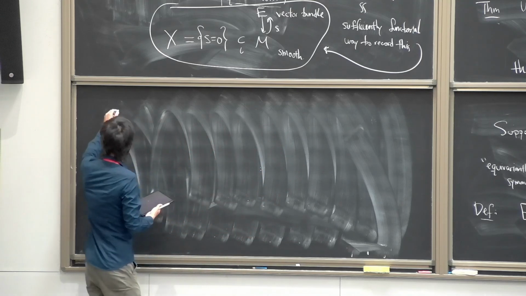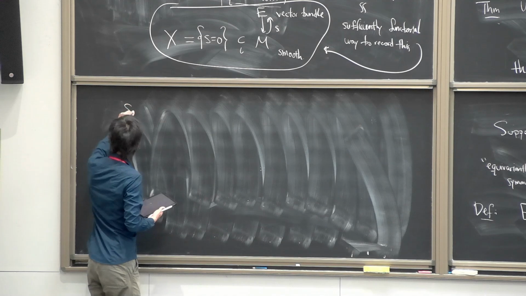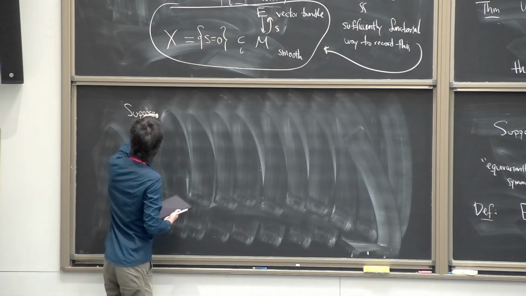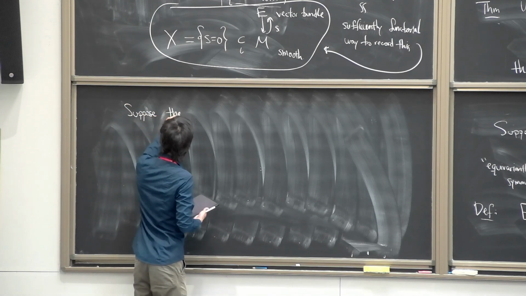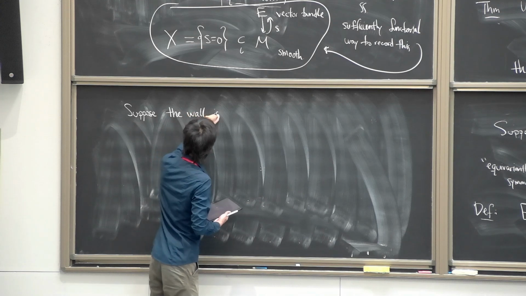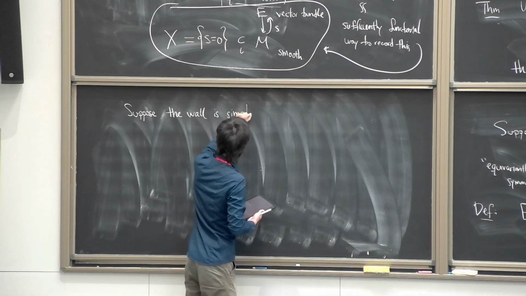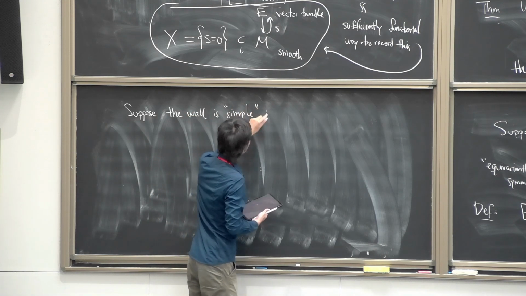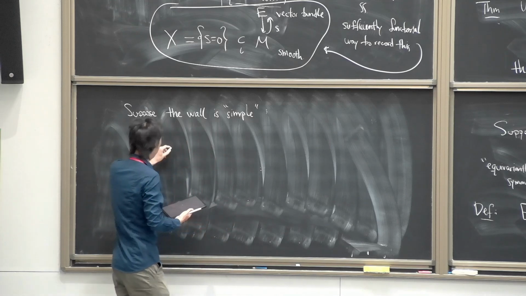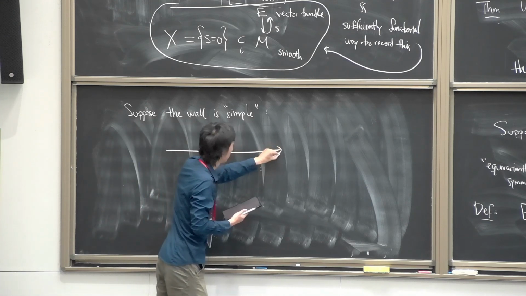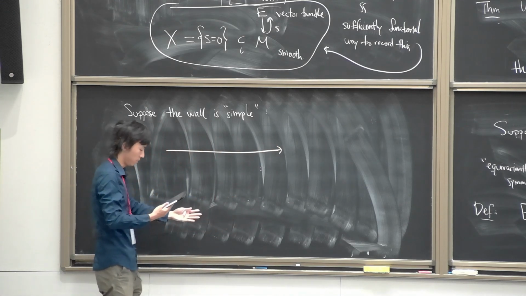So maybe let me give an example. Suppose that you're at a simple wall. Simple here is an actual technical term, and it means that you're thinking about some one parameter family of stability conditions.